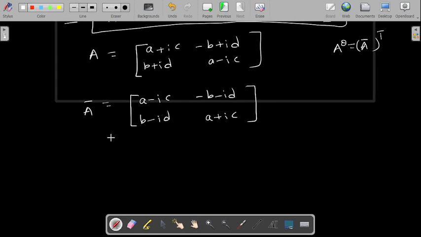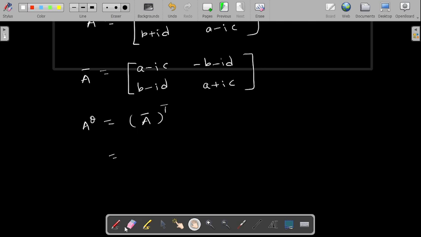Okay, so now what is A dagger? A conjugate transpose. So now it's a transpose: A minus iC, row as a column, A minus iC, minus B minus iD, next B minus iD, second row as a column, B minus iD, A plus iC.